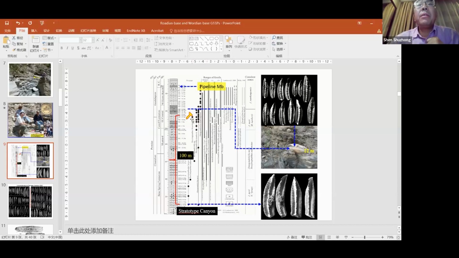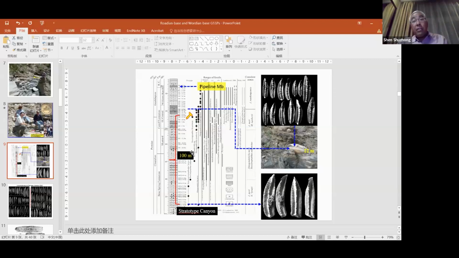And actually in the GSSP samples, we didn't find typical Jinogondolella nankinensis. The morphological character of the genus Jinogondolella is the serration.